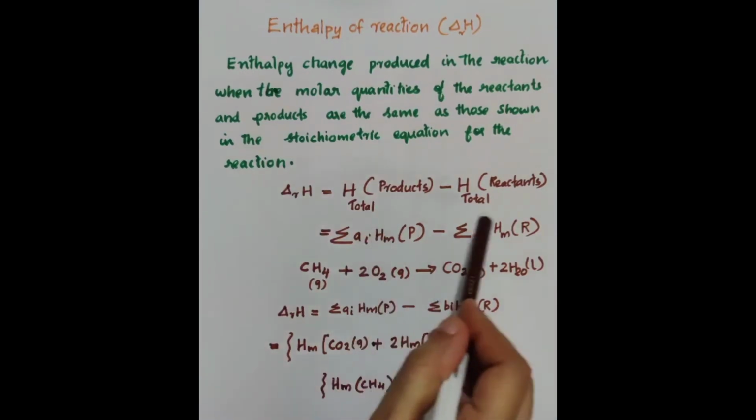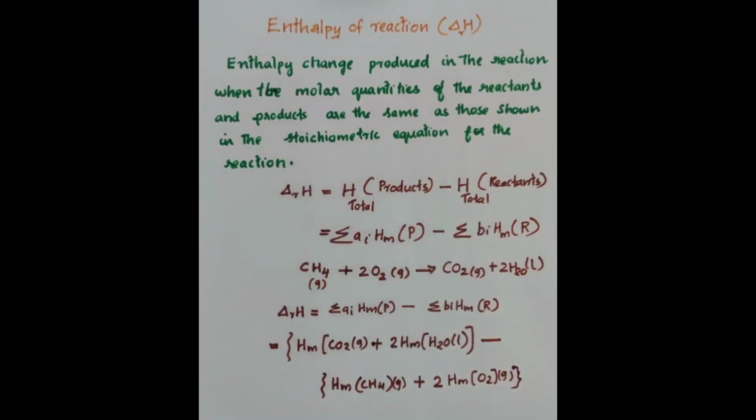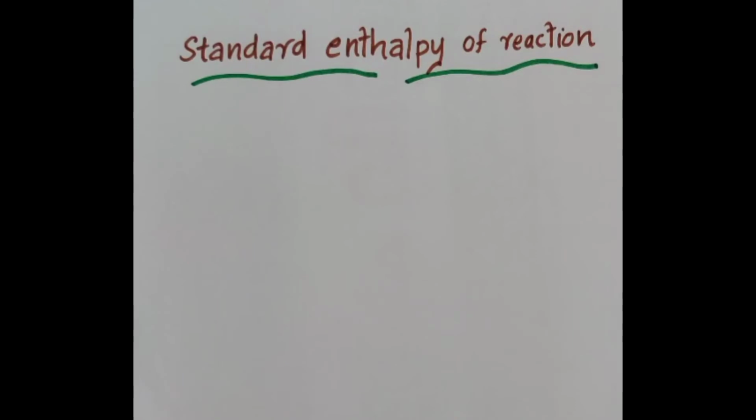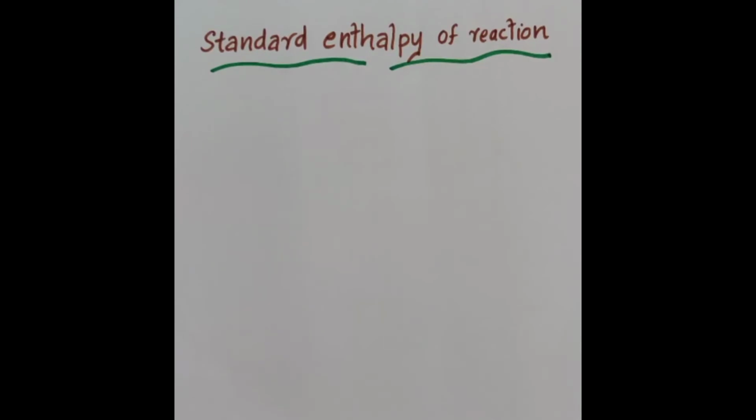Here A and B represent the coefficients of the balanced chemical equation, and HM represents the molar enthalpy term. Okay, the standard enthalpy of a reaction. What do you mean by standard enthalpy of a reaction? It is the heat change associated with the conversion of reactants in their standard state to products in their standard state.